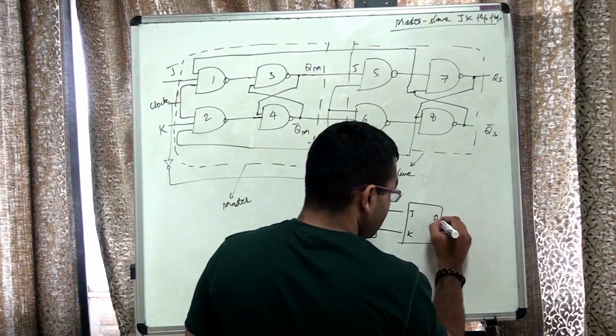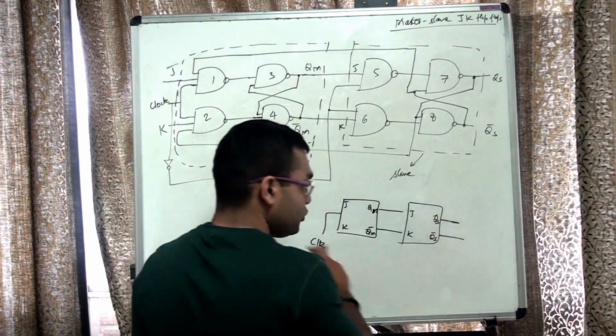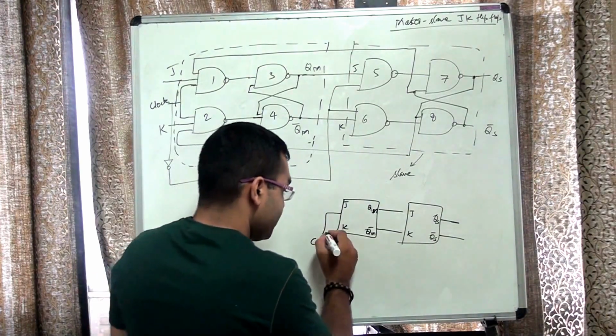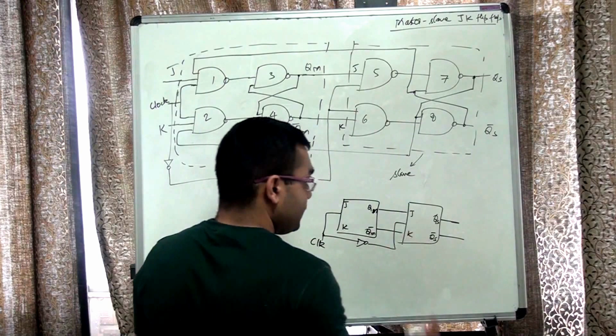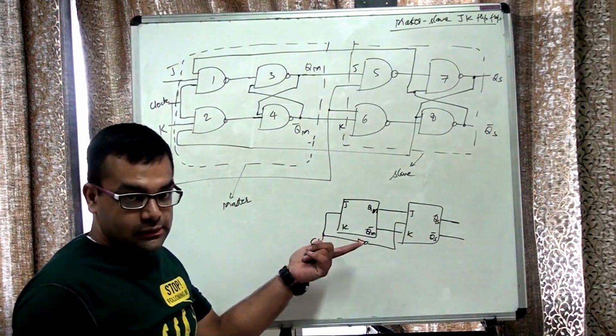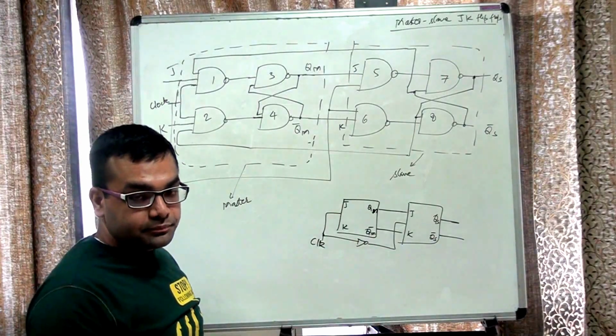So the outputs are QS, QS bar. These QS and QS bar come back through feedback over here. Now what is the difference? The clock of the master and the clock of the slave are complements of each other.